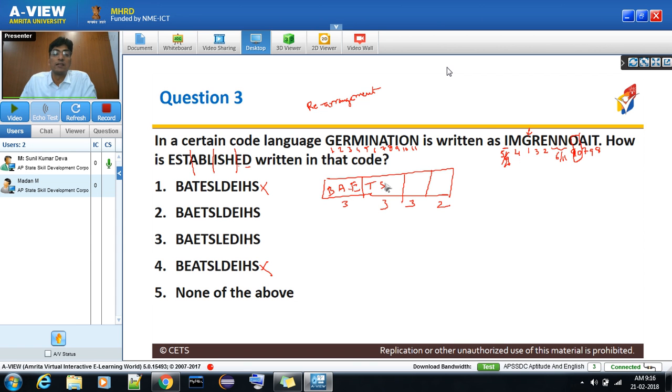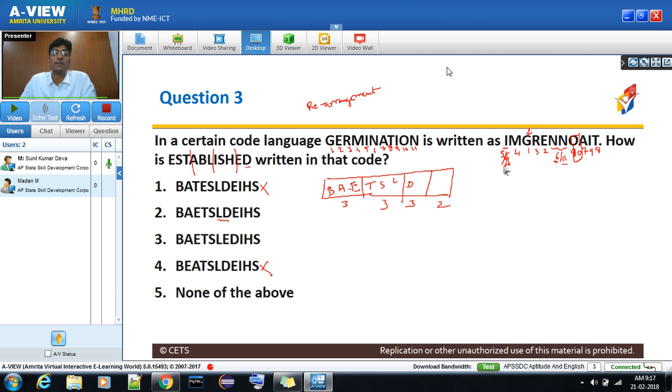So this letter here can either be L or it could even be D. So in this position, after BAETS, it can be either L or D. But among the options, we have only LD, with L coming first and D coming later. So we'll go ahead and accept that this happens to be one, and the next one is the 11th letter. We can sometimes adjust with it.